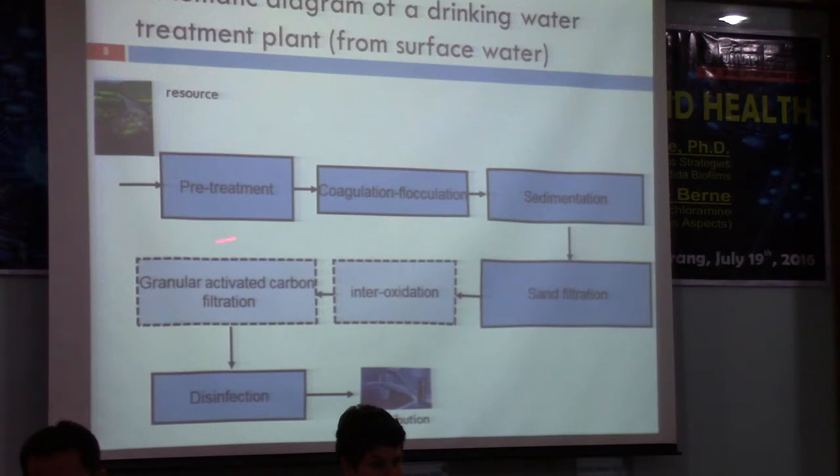Sometimes we need additional treatment like oxidation, anti-oxidation in these places of the plant, followed by filtration on activated carbon, and then disinfection between the supply of the distribution system.